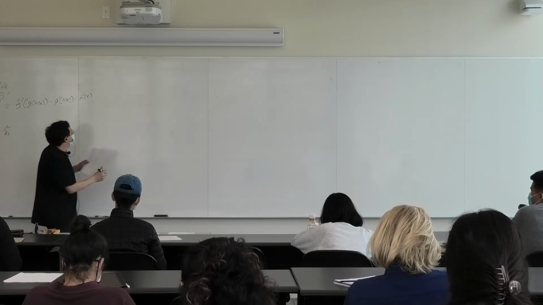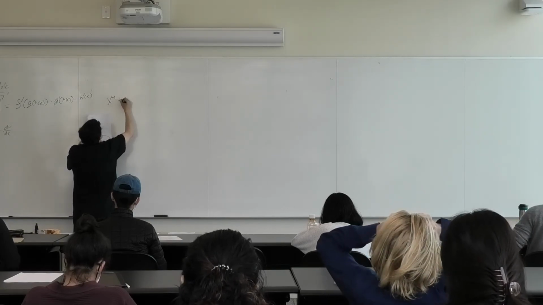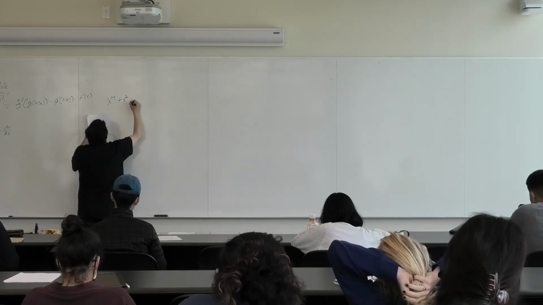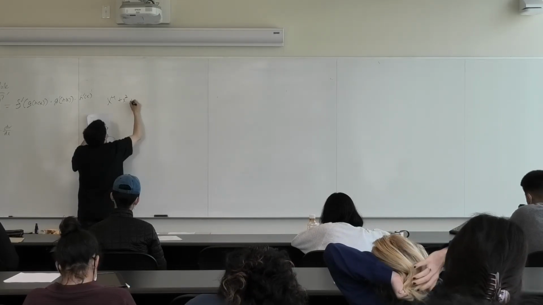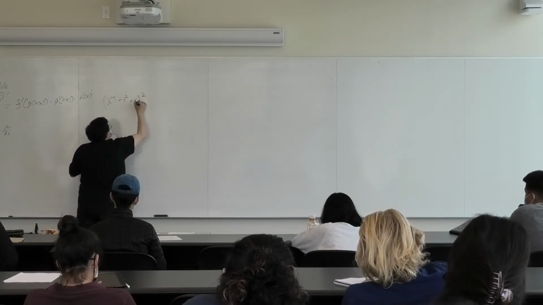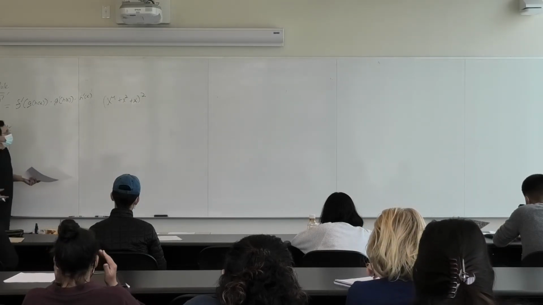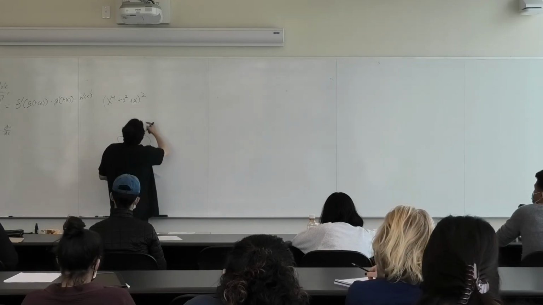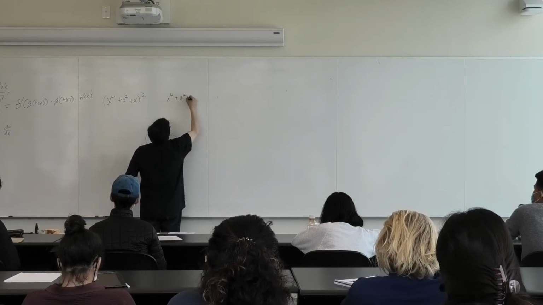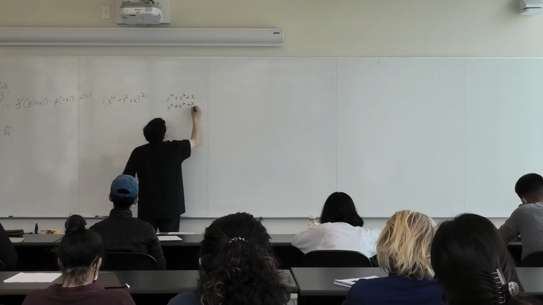So in particular, let's look at x to the 4th plus x squared plus x. And I want to find the derivative. And let's say I don't know the chain rule. Well, I know the power rule, and I know how to multiply polynomials. So x to the 4th plus x squared plus x, times x to the 4th plus x squared plus x.